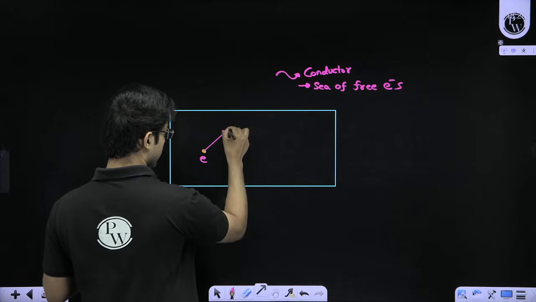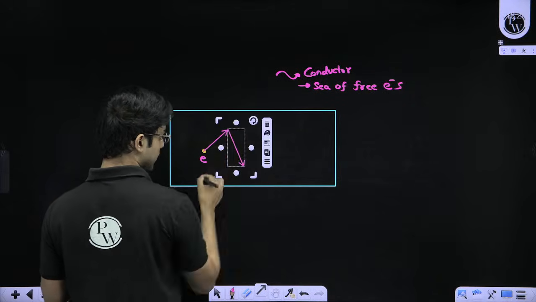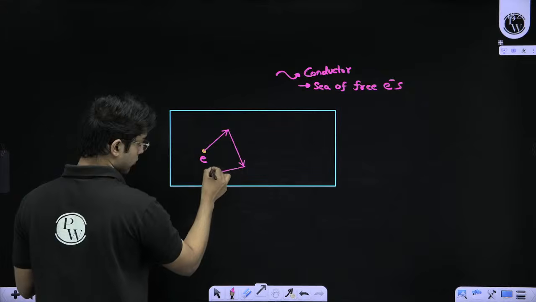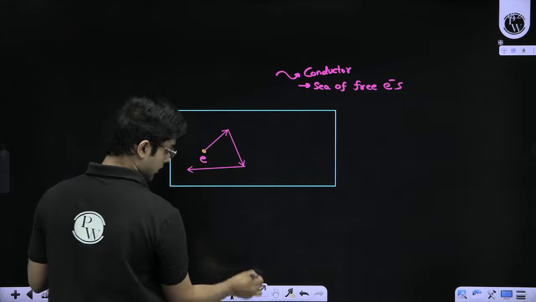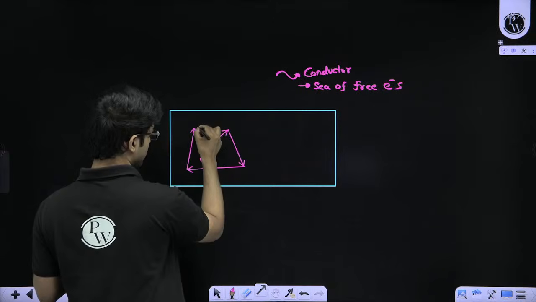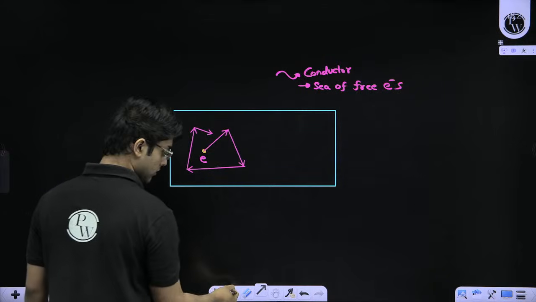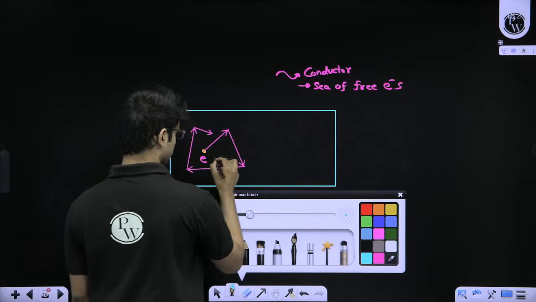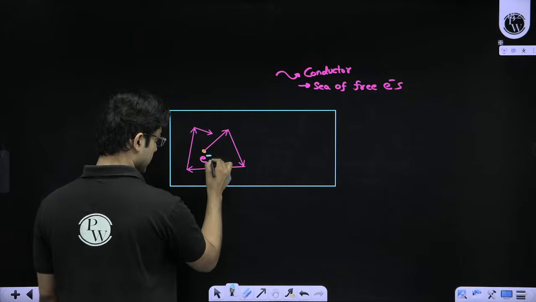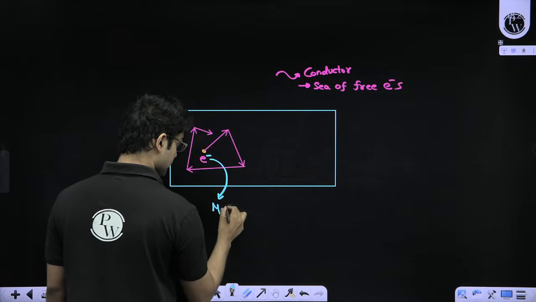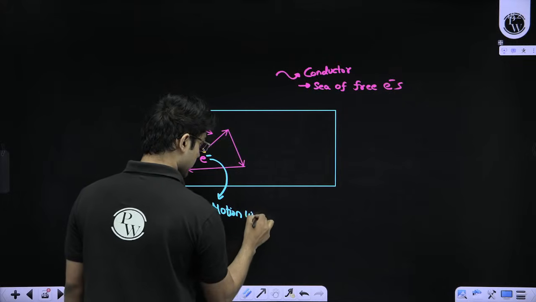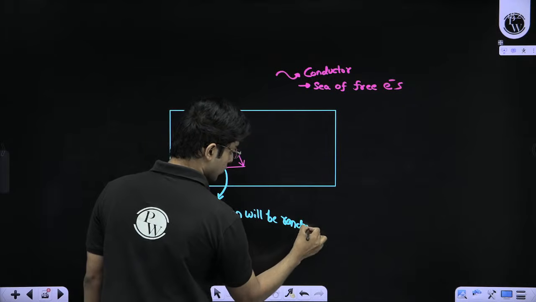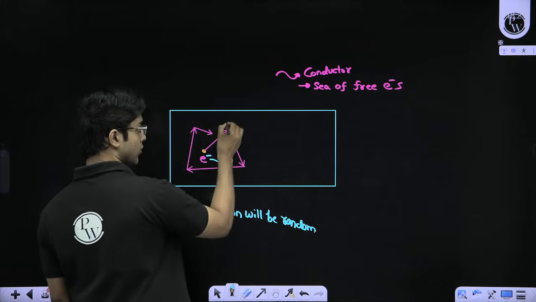They move from one location to another, then let's say some collision happened here, and then it was moving in this direction, and then some collision happened here, then it will move in this direction, and so on. So a random electron, if you track it, its motion will be random. And I mentioned some collisions, right?